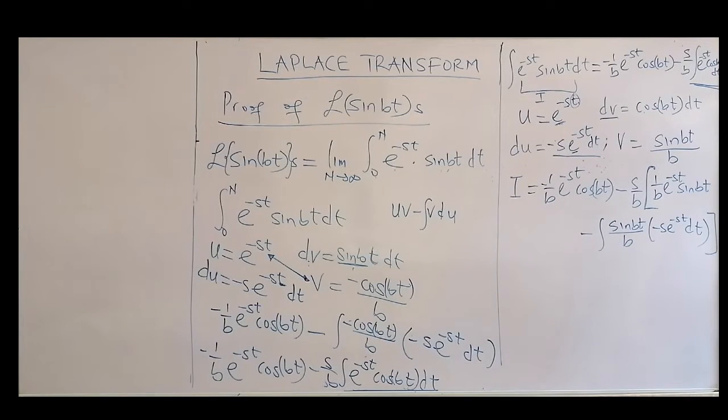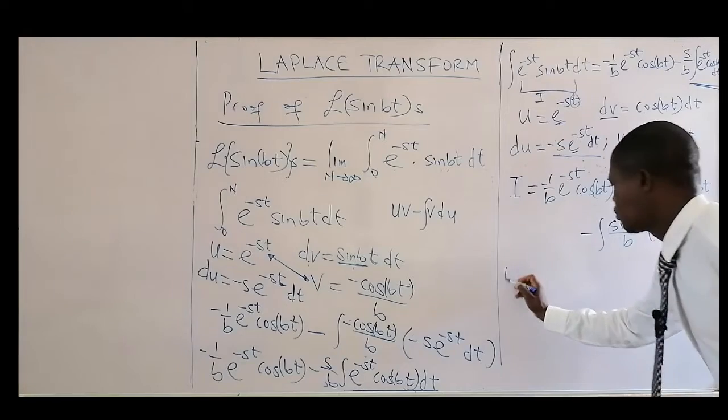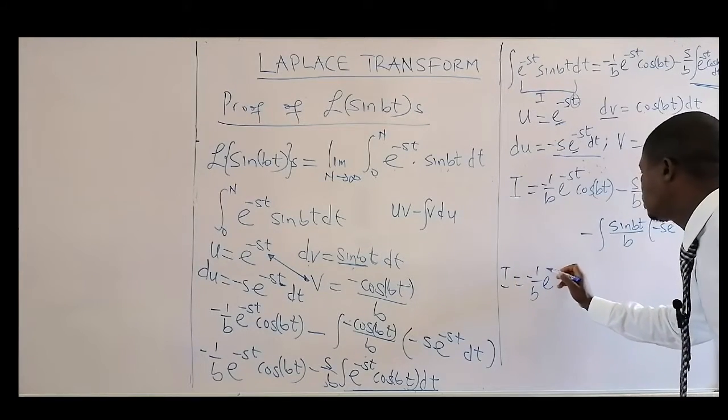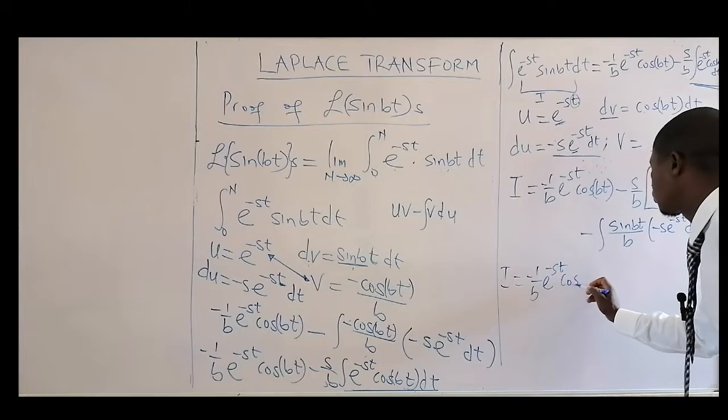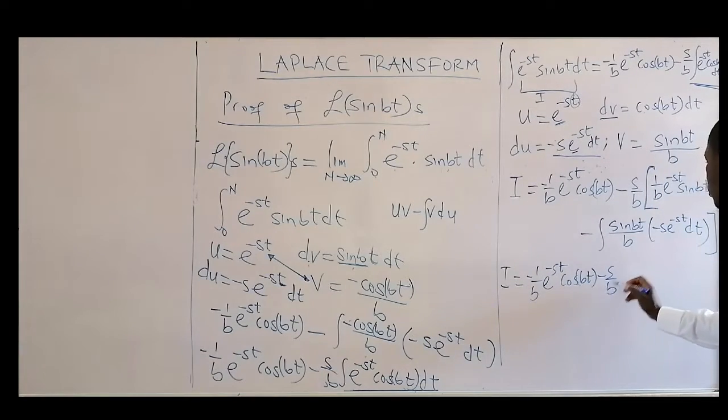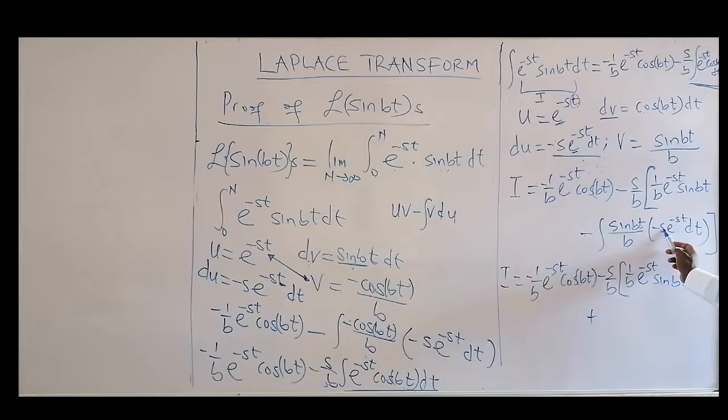Then I will now have I equal to minus 1 over b e to the minus st cos bt, minus s over b into brackets, 1 over b e to the minus st sine bt. Here, minus is there, minus is there, that's plus. Now this s can go out.